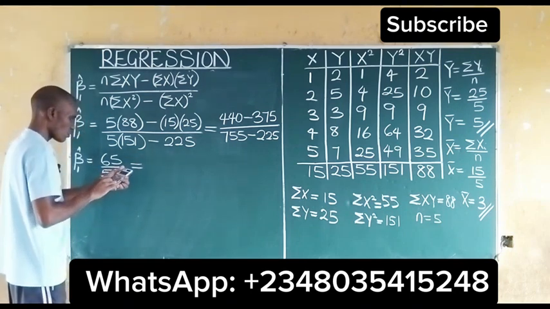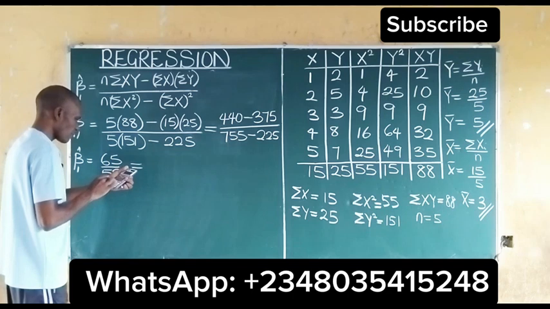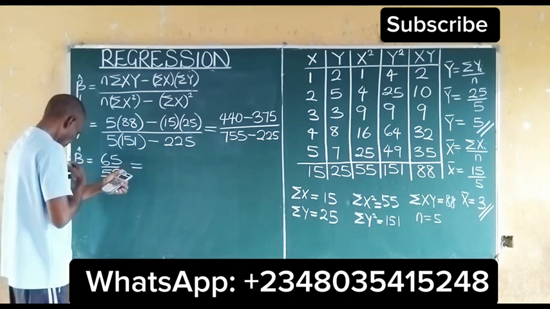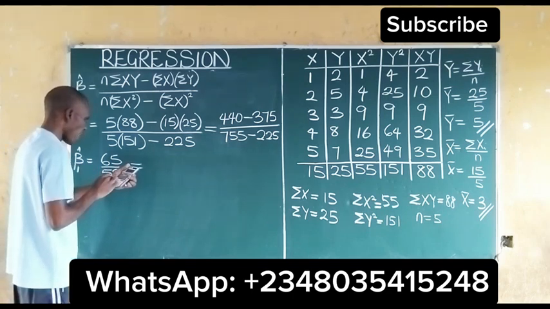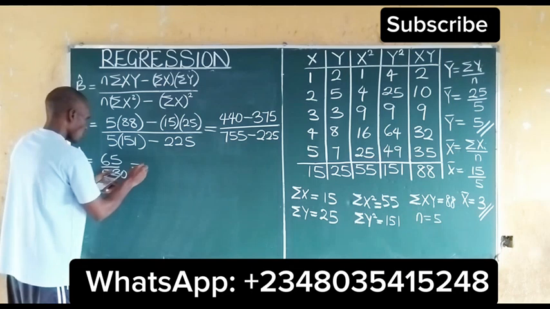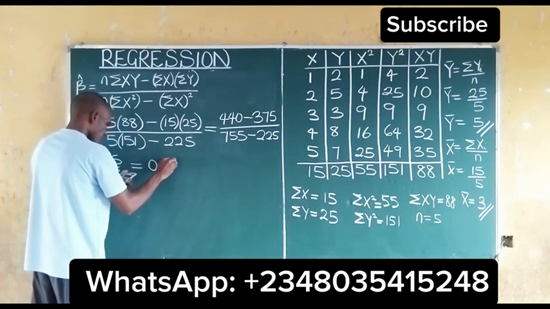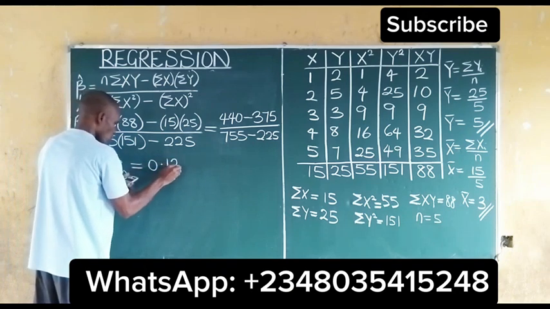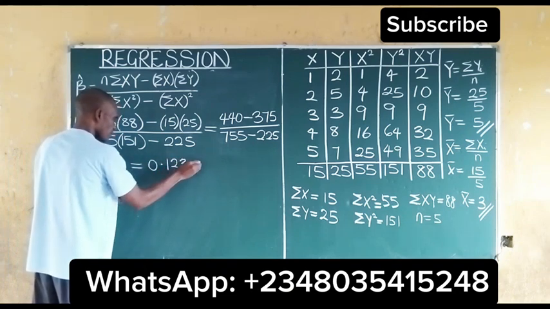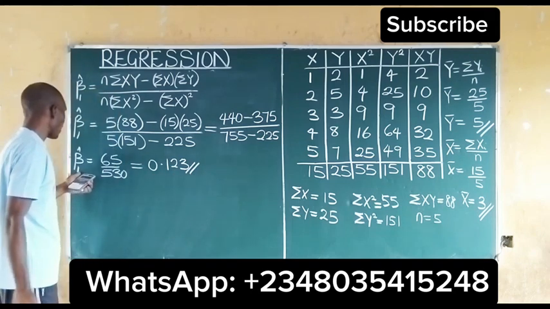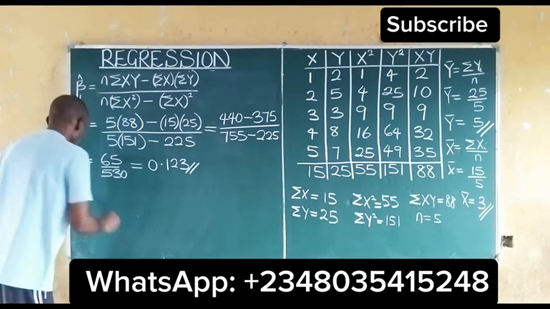So 65 divided by 530 gives us 0.123. So this becomes our value for B1.